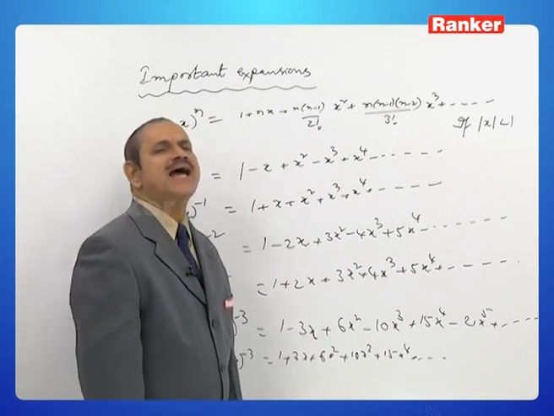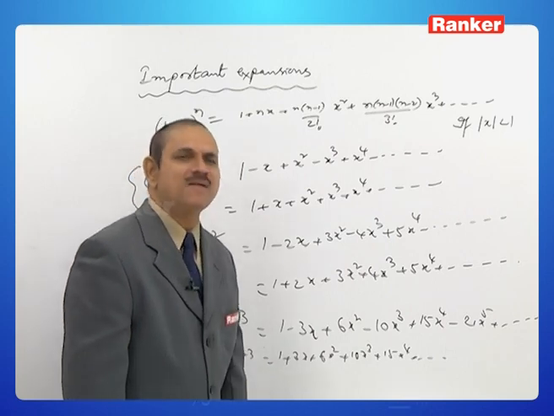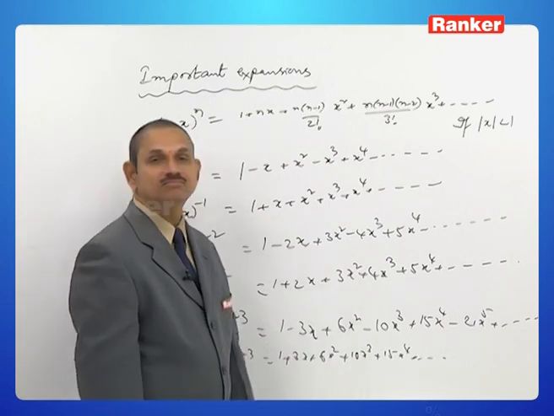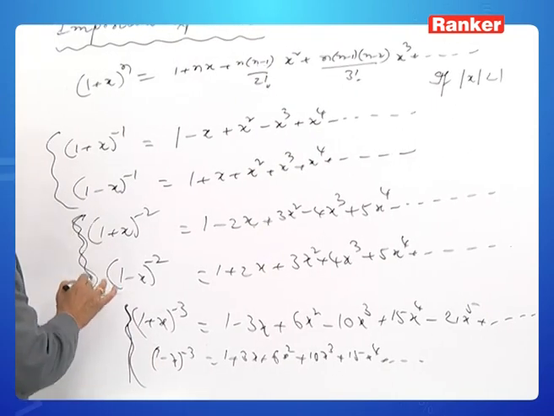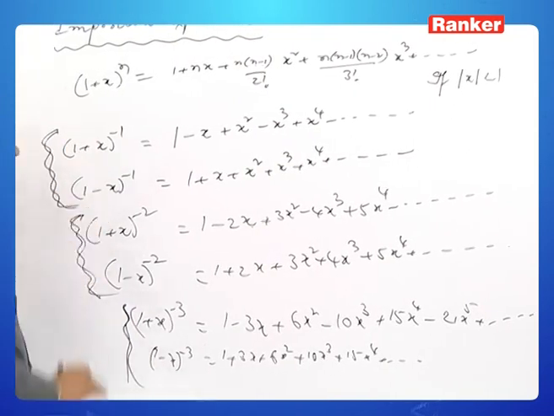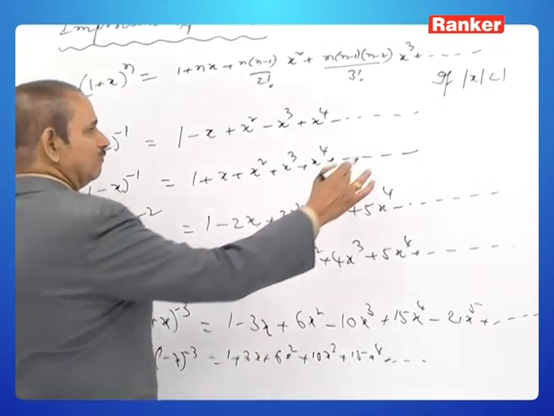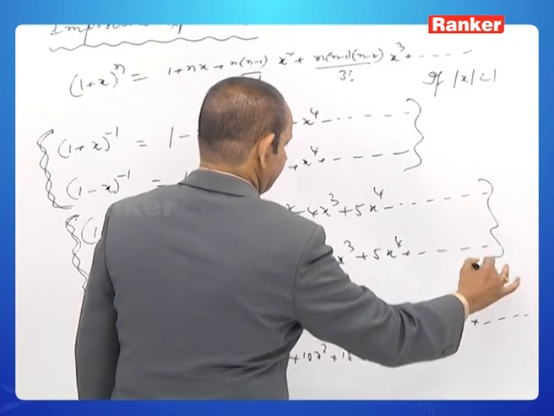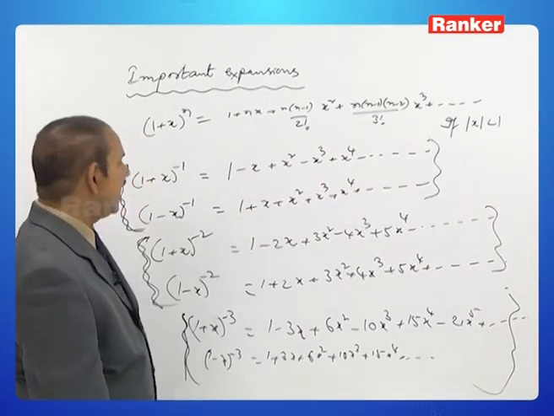Coefficient of x power n, 1 plus 2 plus 3 plus etc. up to n plus 1, like that. This is the beautiful way of keeping an understanding about the coefficients of the expansion. These two will be of one kind, these of the second, these of the third. Have a note of that.